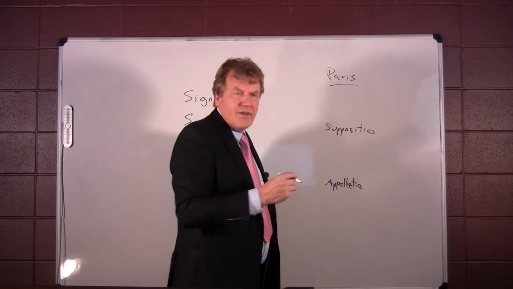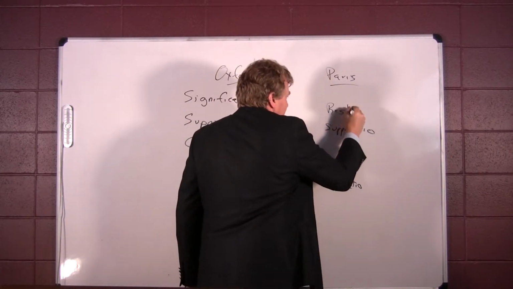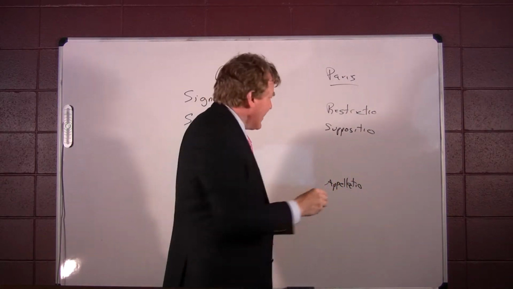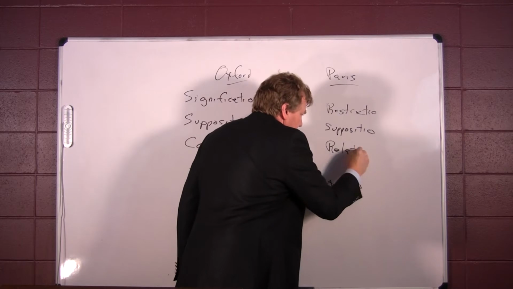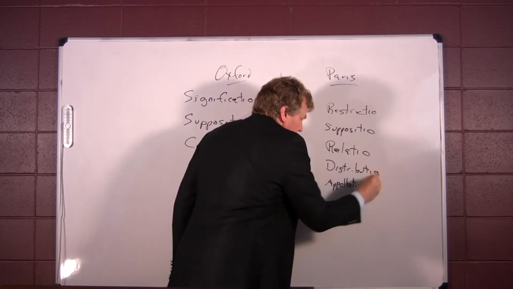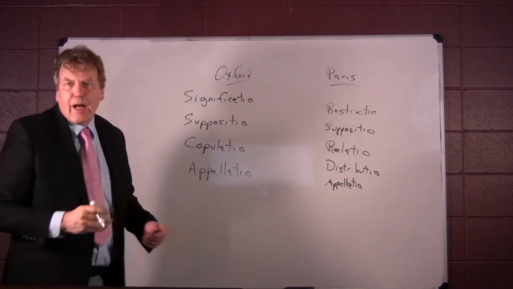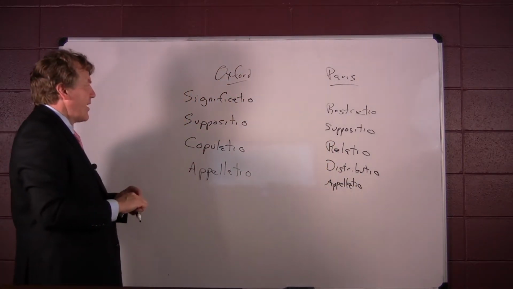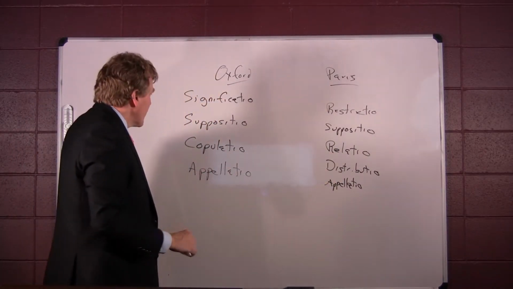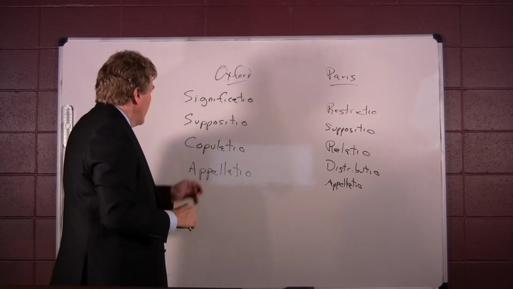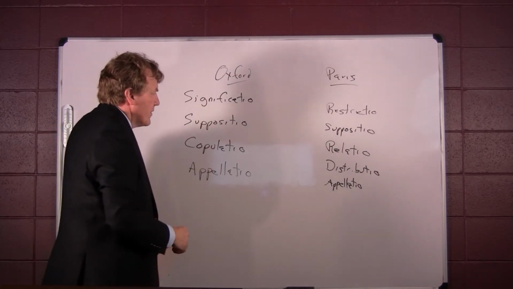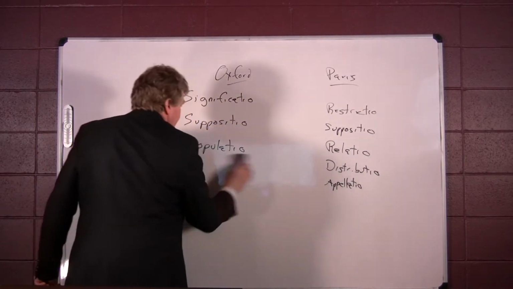But what we do have is restrictio, relatio, and distributio. Now, I'm just putting these on the board to show you how complicated this is, because we're not actually going to do an analysis of all of these things. We're going to be talking more about the Oxford model, and we will be talking about all these notions to the left.